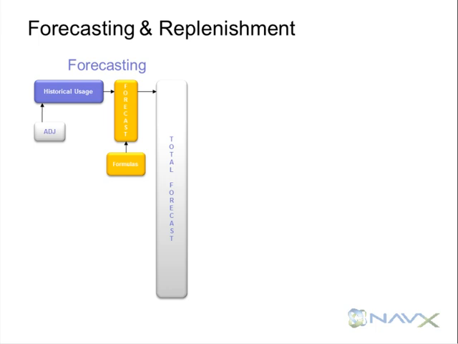You'll see this forecasting engine takes historical usage and creates a total forecast. You could refer to that as a statistical forecast or a history-based forecast. The forecasting engine is a best fit formula approach.